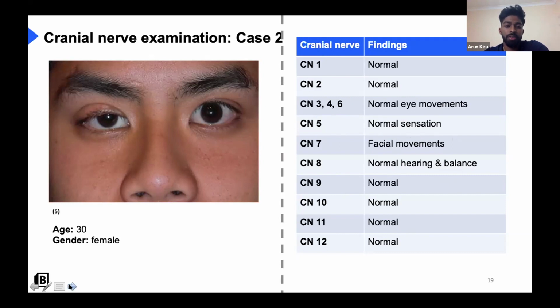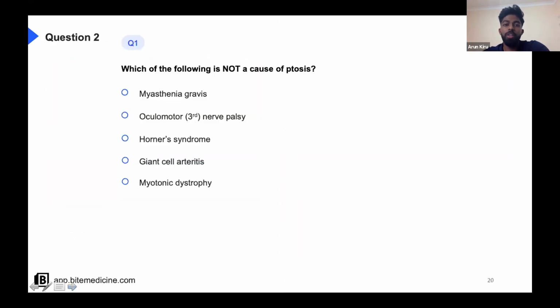Let's have a look at our first MCQ. Which of the following is not a cause of ptosis? I've got myasthenia gravis, oculomotor, which is a third nerve palsy, Horner syndrome, giant cell arteritis, and D, myotonic dystrophy.